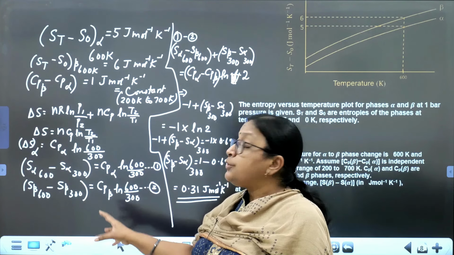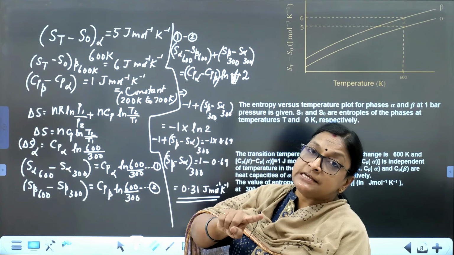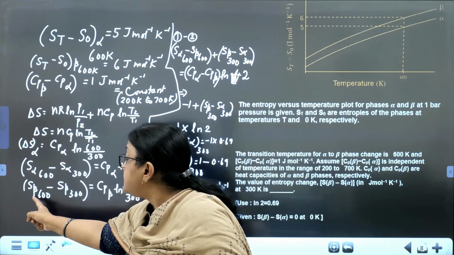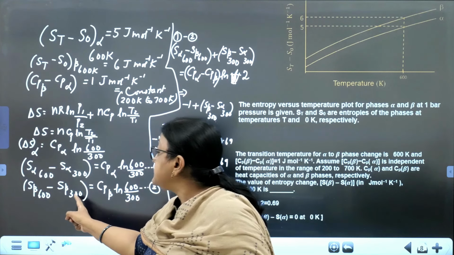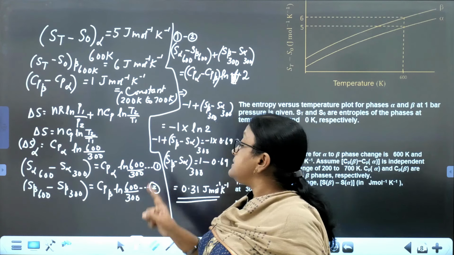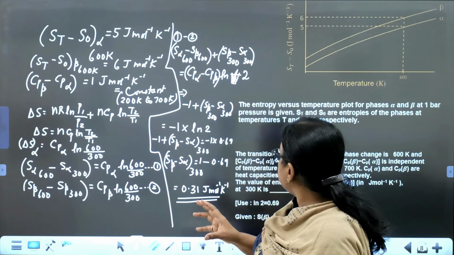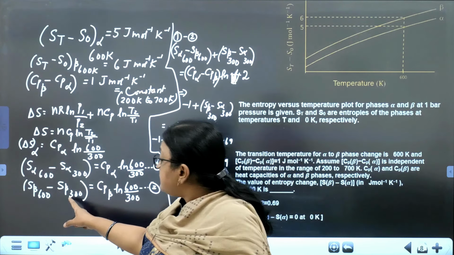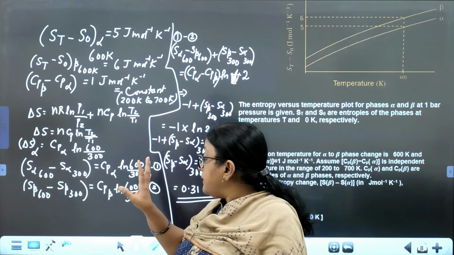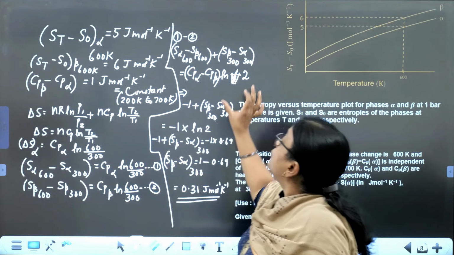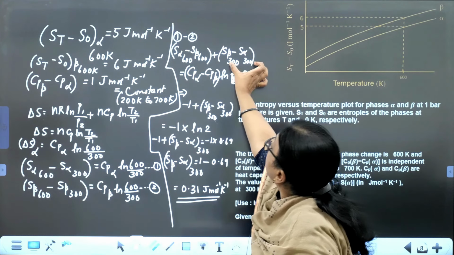Same way you have written for beta phase at 600 Kelvin and 300 Kelvin, which is delta S beta is S beta 600 minus S beta 300, which is Cp beta ln 600 by 300. Now just see what you require in the question. What you require is S beta 300 minus S alpha 300, for which the easiest way is do 1 minus 2. You got this expression. From this you require this.